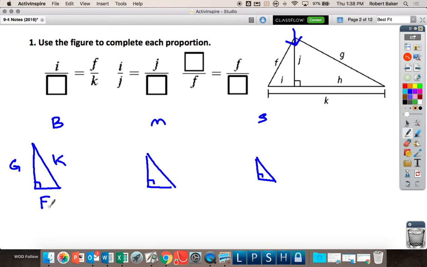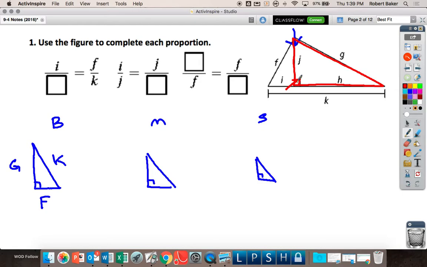Now I'm going to go to the medium-sized one. So the medium-sized one is going to be this right triangle right here. Y'all see it? Yeah? So what is the hypotenuse of the medium triangle?